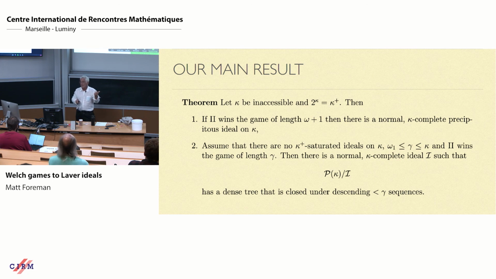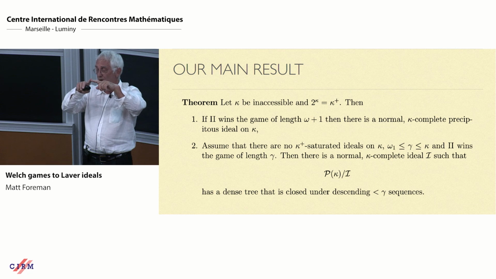So if there's no kappa plus saturated ideal on kappa, and you choose a gamma which is regular between omega 1 and kappa, and you suppose that player 2 wins the game of length gamma, then there's a normal kappa-complete ideal I such that the power set of kappa mod I has a dense tree that's closed under descending gamma sequences. Okay? So this is a much stronger property than being precipitous.